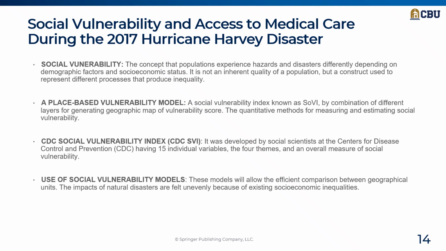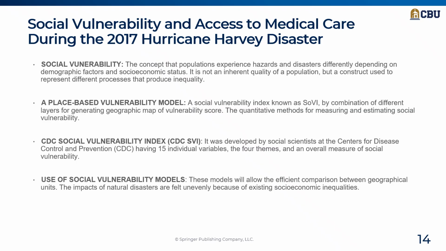So here we're talking about social vulnerability and how that explains a lot of why disasters don't affect everyone the same way. Social vulnerability refers to how populations experience hazards differently based on demographics and socioeconomic conditions.